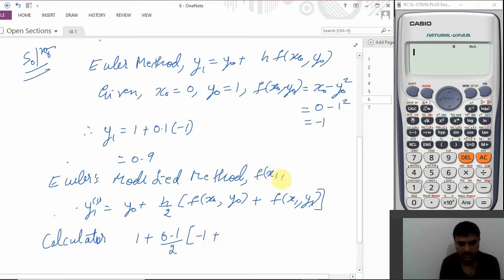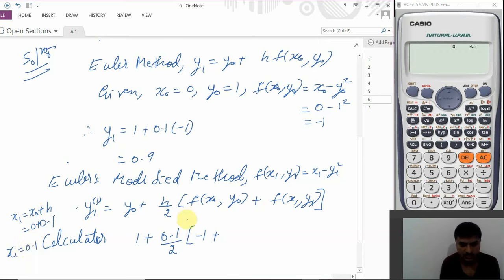So I will take here now 1 plus, put it in calculator, 0.1 divided by 2, in the bracket, minus 1 plus 0.1 minus, here we are going to take alpha y square and complete the bracket.